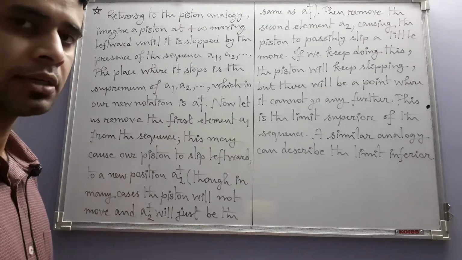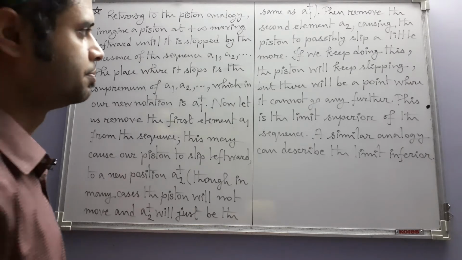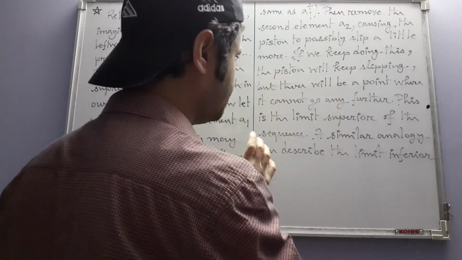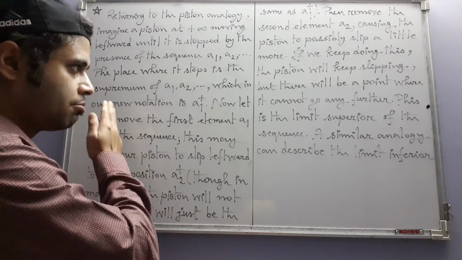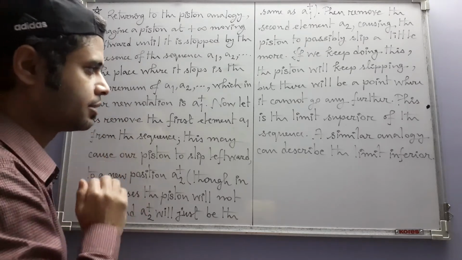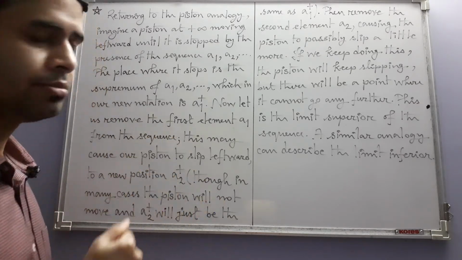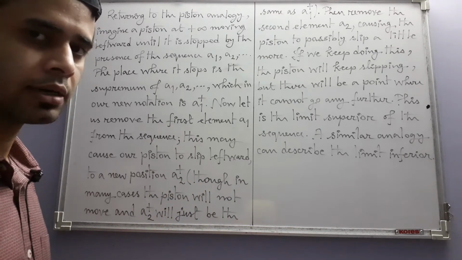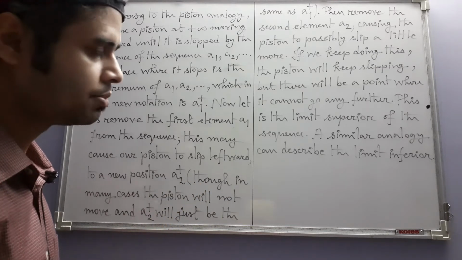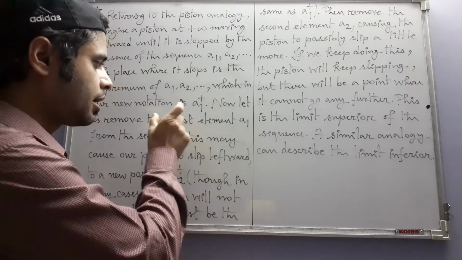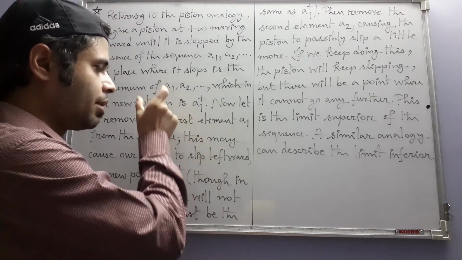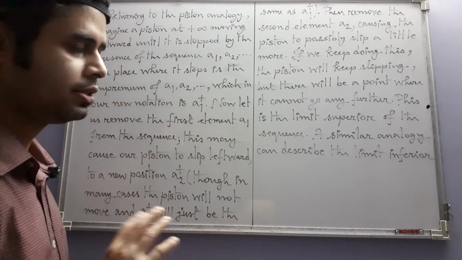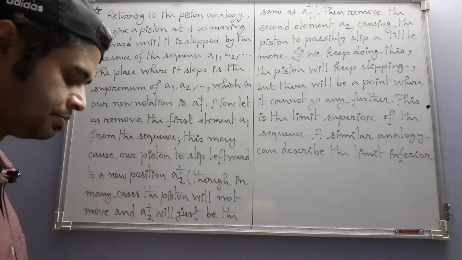Possibly again, we are saying, because it may not move. If we keep doing this, the piston will keep slipping, but there will be a point where it cannot go any further, and that point is the limit superior of the sequence. And similarly, you can also understand limit inferior using pistons. For that, you start with a piston at minus infinity moving rightward.